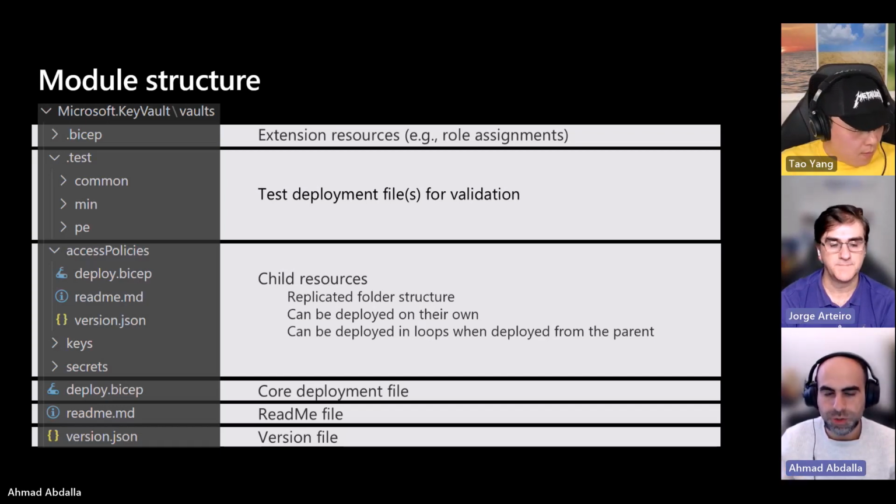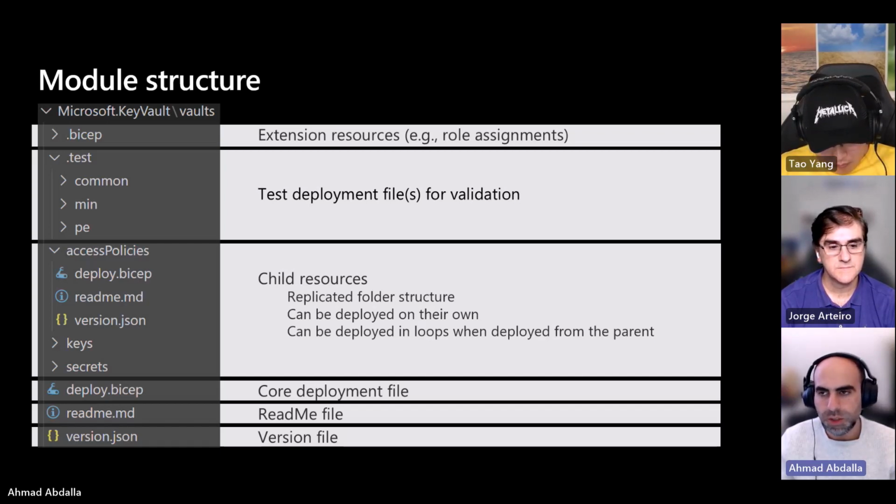This is more for the child resources. So I could publish version 0.5 for access policies and continue to have 0.4 for my main key vaults. But obviously, if I'm uplifting the child module, I also want to uplift the parent, so that it incorporates all the different scenarios and combinations of the child module.